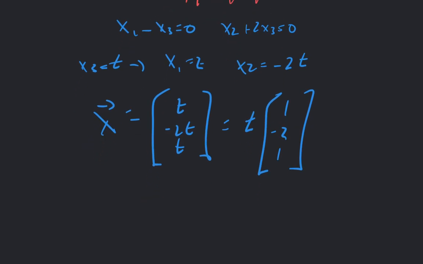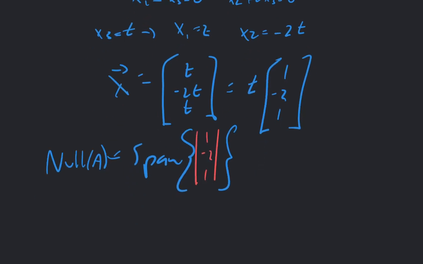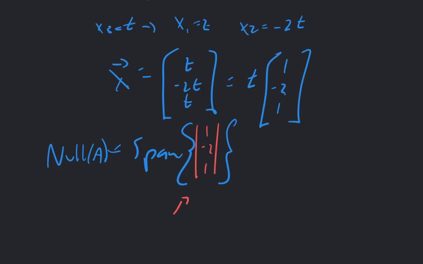The null space, null of A, is equal to the span of this vector, which is a line, and it'll be one-dimensional.